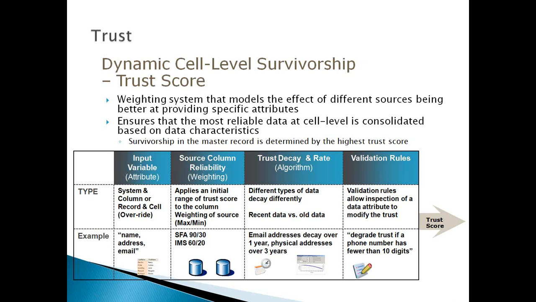Within that period, the trust keeps decreasing, and at the end of 1 year, the trust will come down to 30. So from 90 today, after 1 year, the trust will go down to 30. It keeps decreasing at a constant speed.